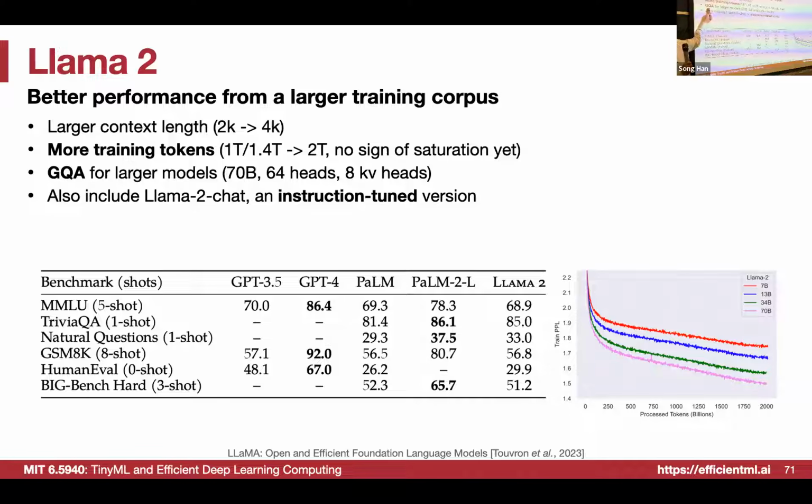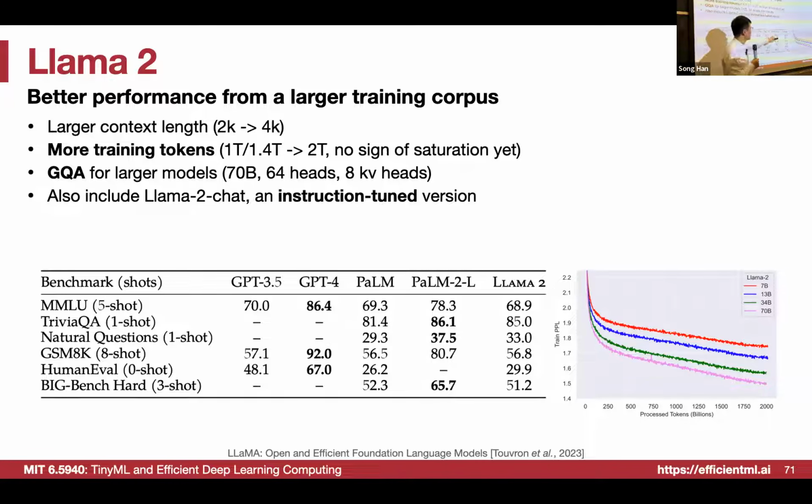It's using GQA, group query attention, which has been introduced for larger models like Llama 2 70B, which has 64 heads, but only 8 KV heads rather than 64 KV heads. It also introduces the instruction tuned model, supervised with feedback so that you can handle conversation better. And here is showing the performance comparison.